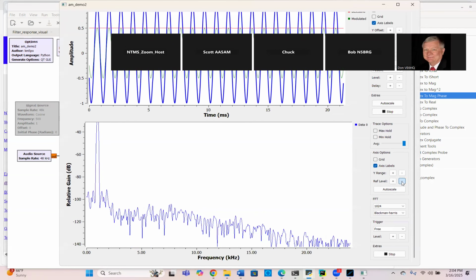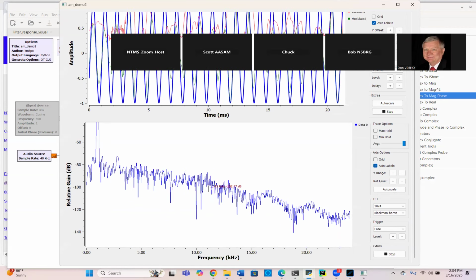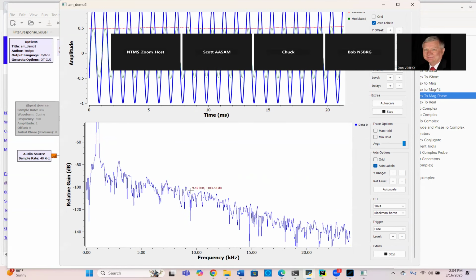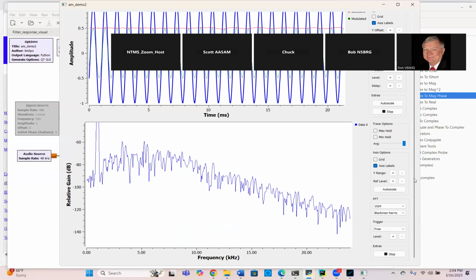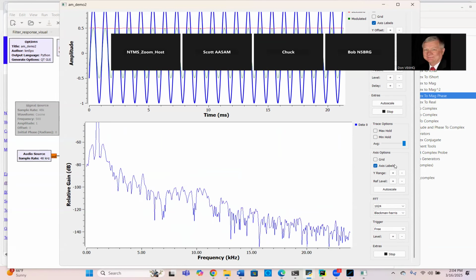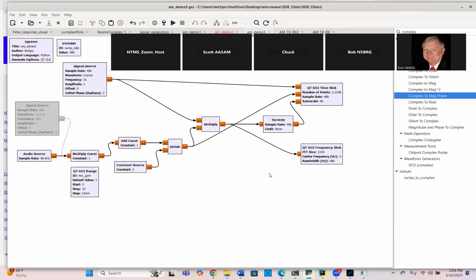It's not going to show up here, but I did find some harmonics on one of these graphs when I overdrove it severely. So I think I've got some more to learn there, but that's a great observation.